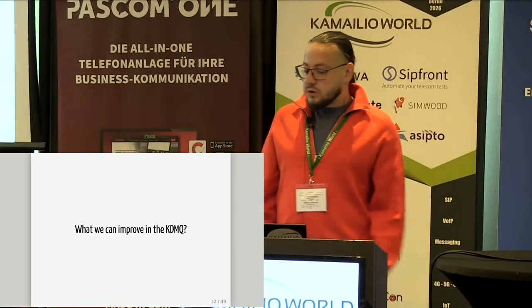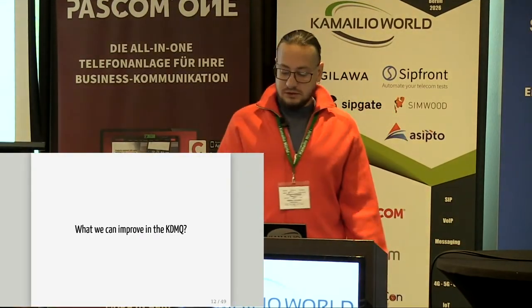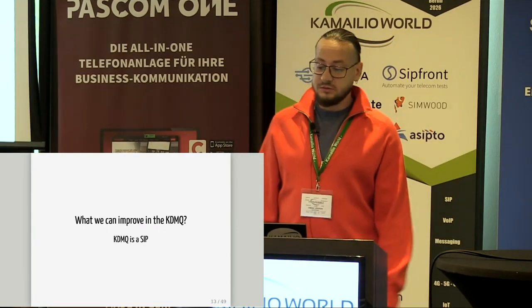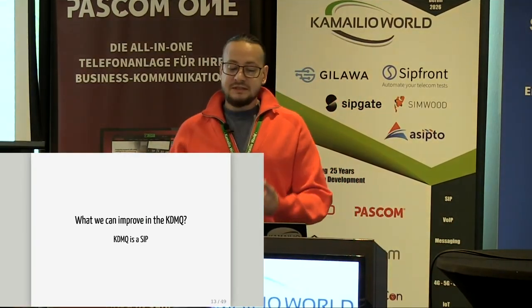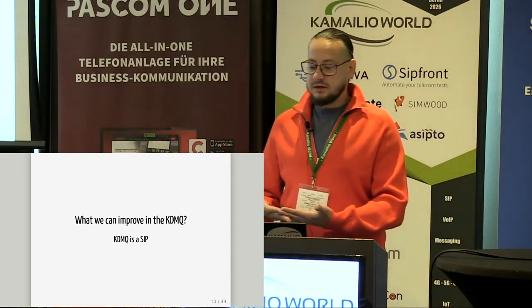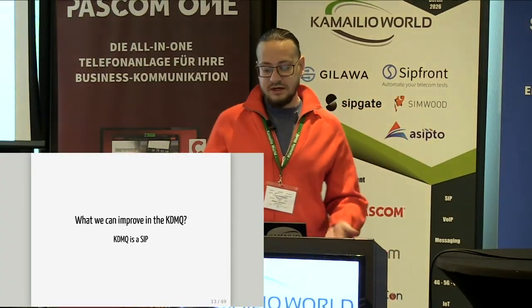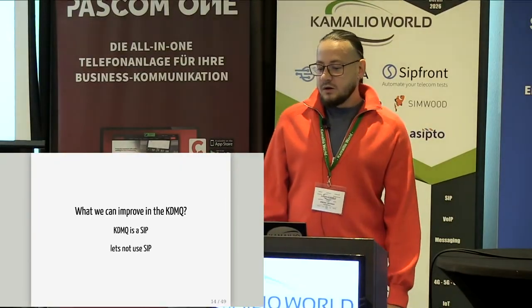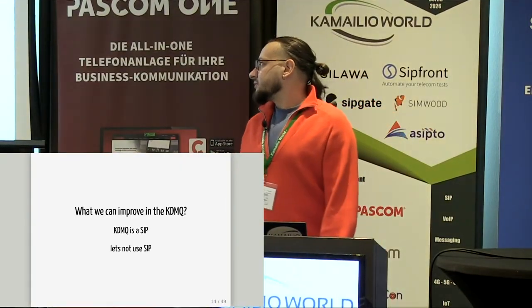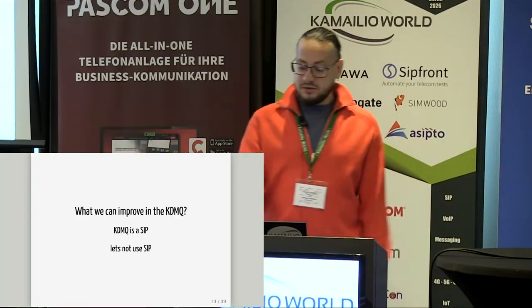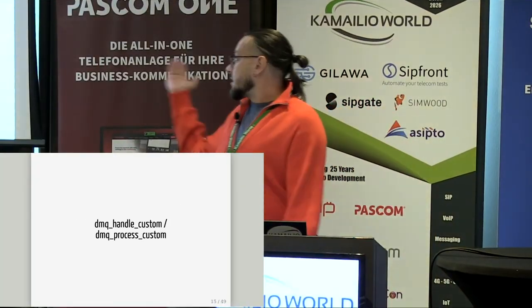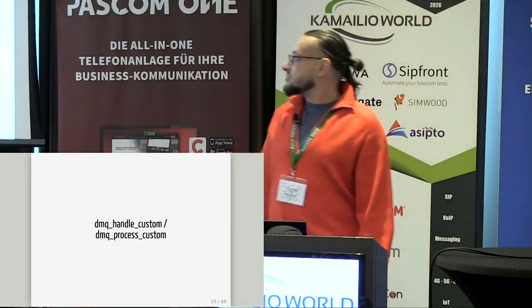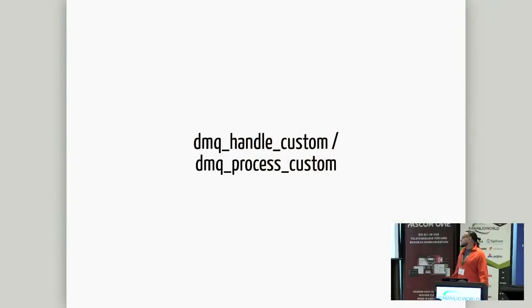So what can we improve in the Kamailio distributed message queue? Again, DMQ is SIP, with all pros and cons, and what if it did not use SIP? But how? I implemented 2 new functions for the DMQ module: dmq_handle_custom and dmq_process_custom.